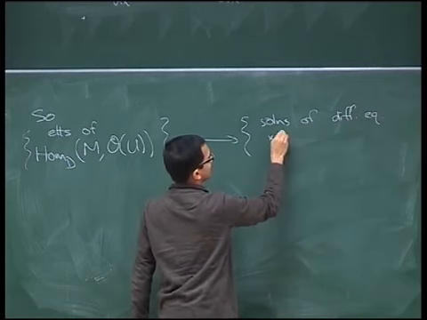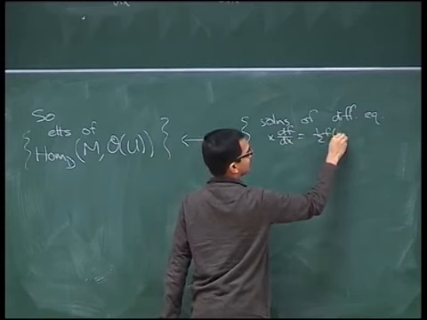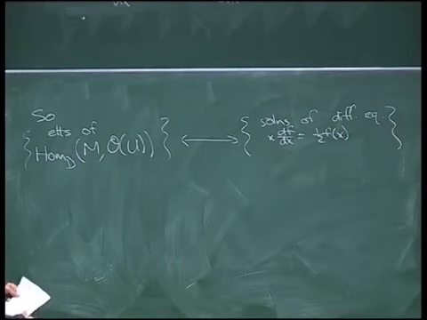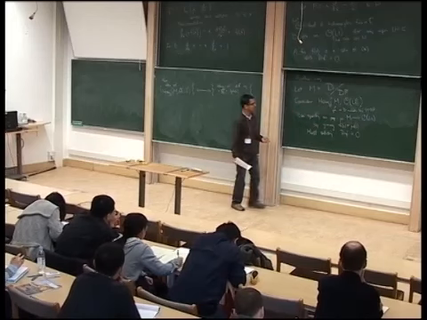What was it? x df/dx equals 1/2 f of x. Okay. So if I have a solution to that differential equation, then I can define a map like this, and conversely, if I have a map, I can pick off mu of 1, and that's a solution.